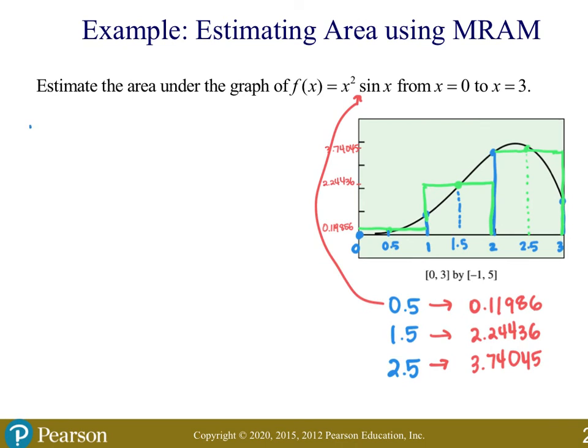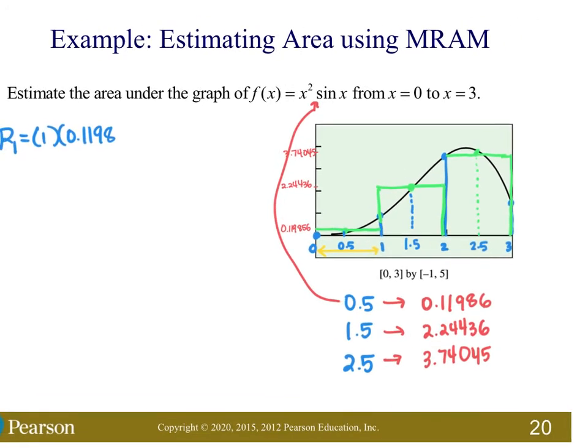Rectangle number 1, the base though, all the way across, the whole width, don't get fooled into thinking the base is 0.5. The base is all the way across from 0 to 1. That is the base. So the base is still 1, and the height is 0.119856.